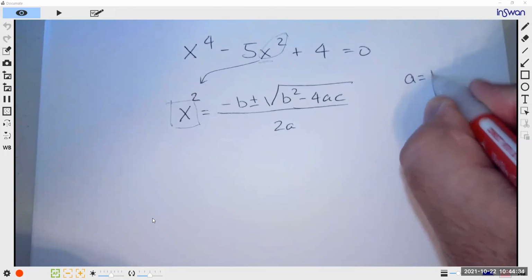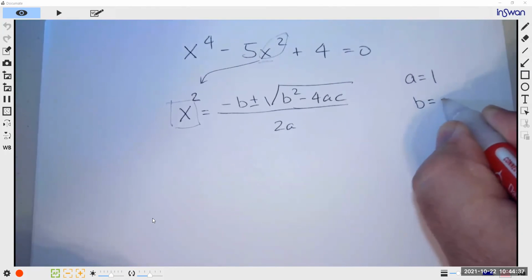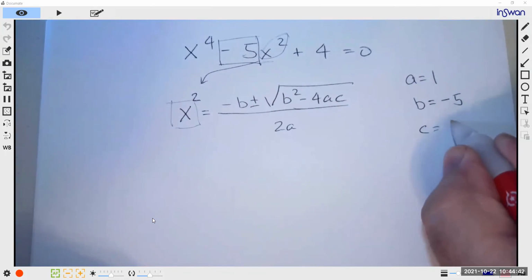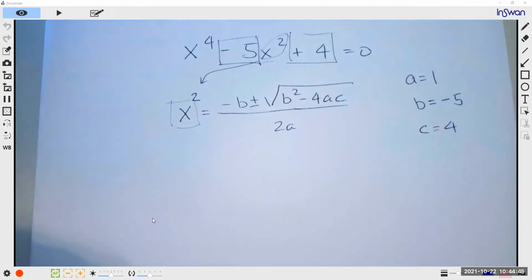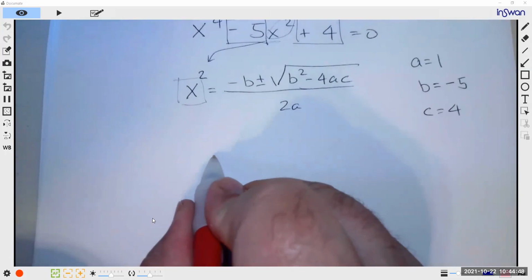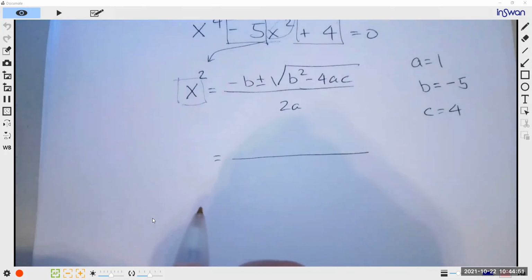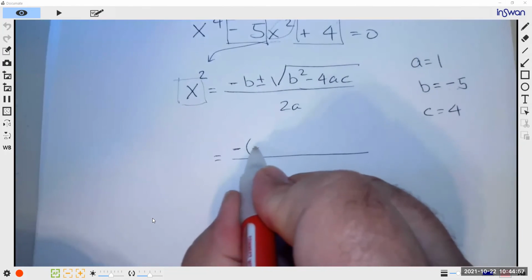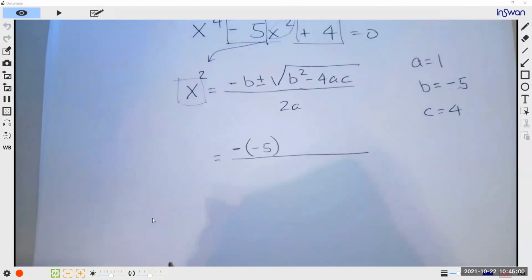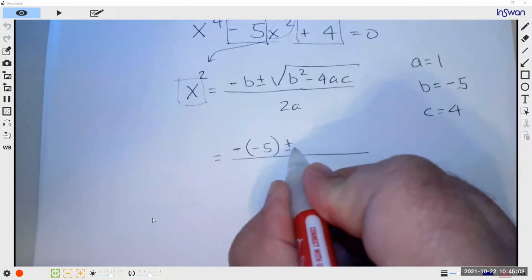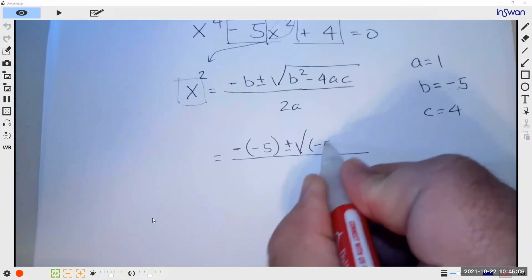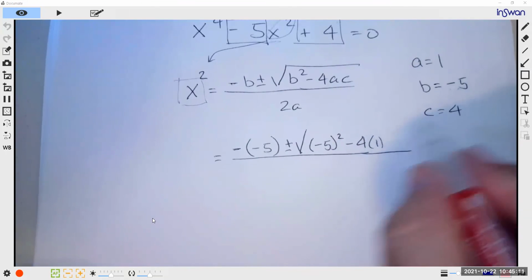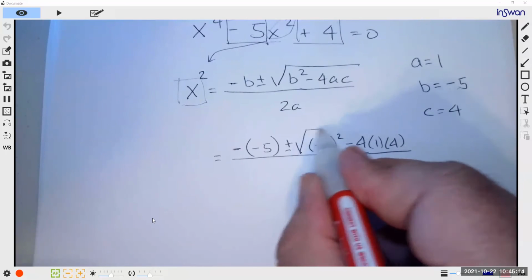So a is 1, b is -5, and c is 4. So there's the negative. B is -5. Plus minus -5 squared. 4 times 1 times 4.